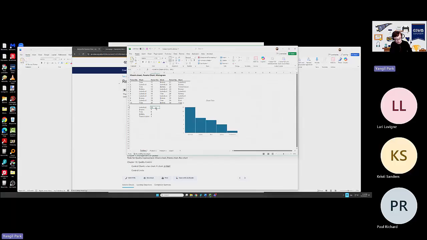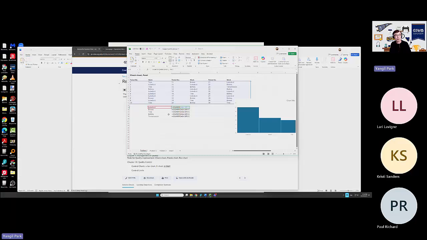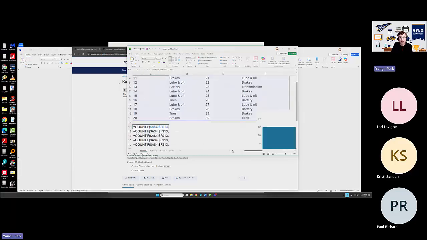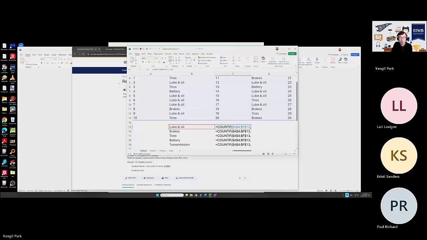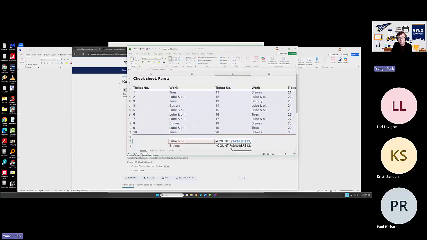If you recall, to organize the total number of items, I used the countif function. Assuming I give you 100 or 200 data points, you're not going to just manually count them, right?